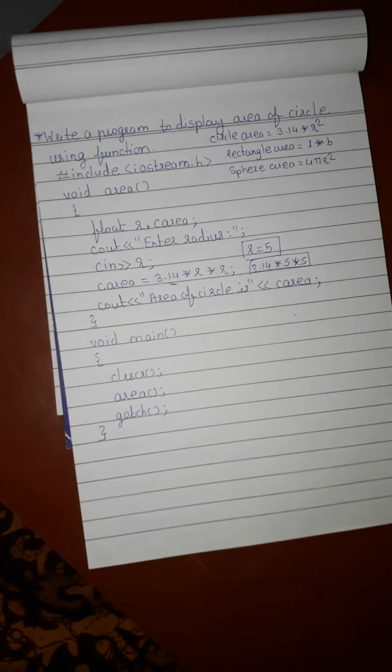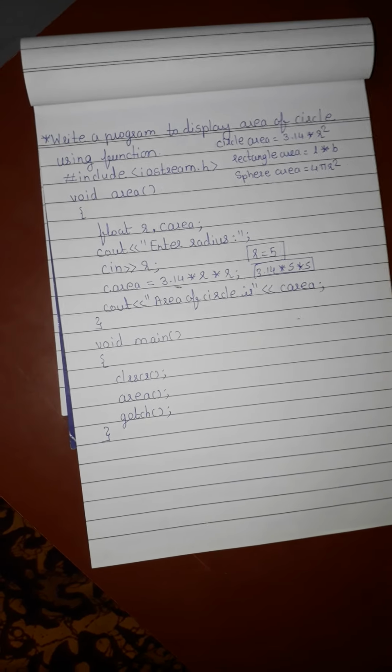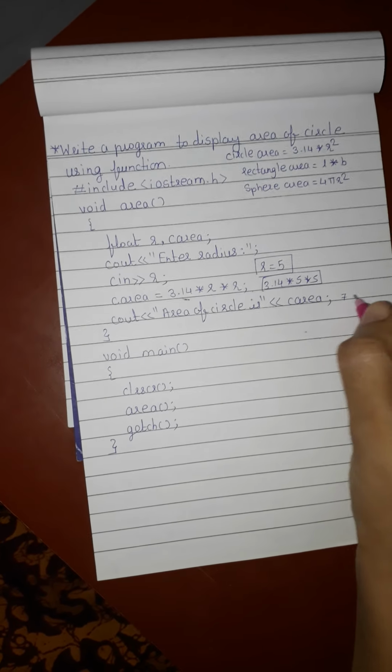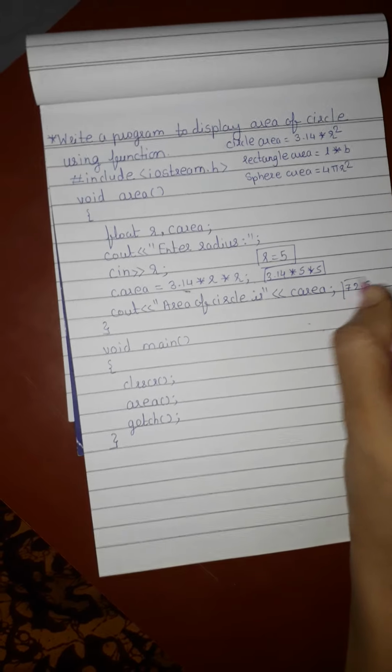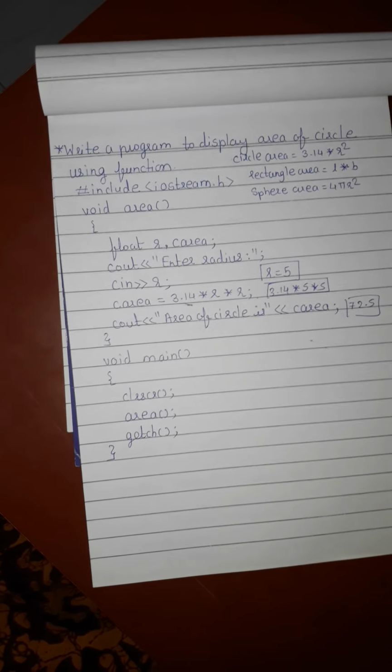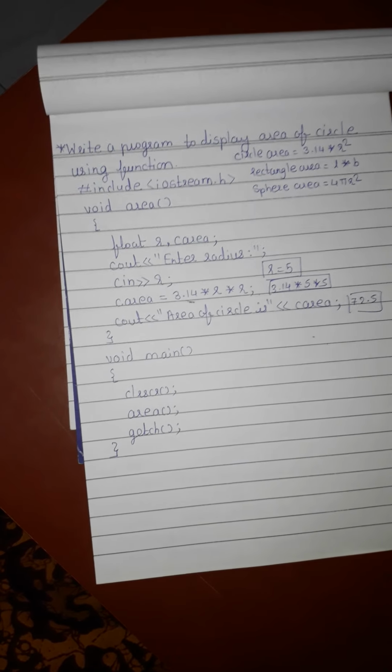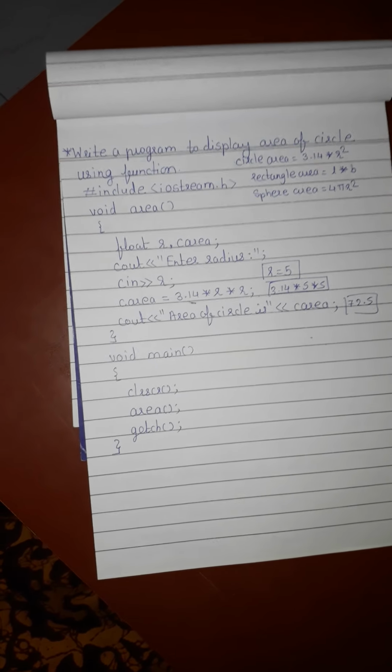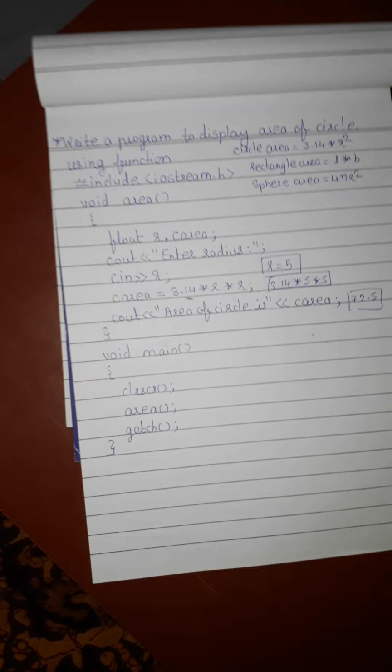So we will get the final answer like 72.5 something, I am not sure, but like that we will get the answer. The final output is: area of a circle is, and after that whatever value is stored inside the c area variable will get displayed.